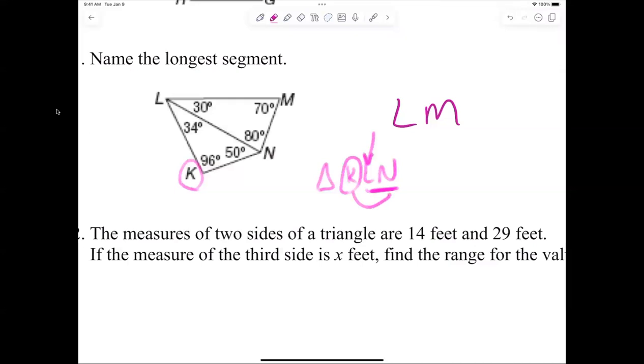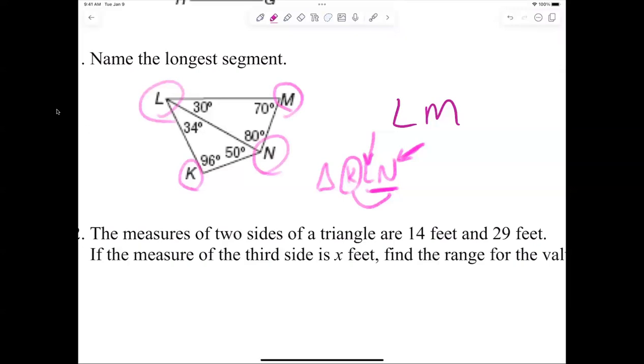It's the other two letters that aren't listed in the angle. So if I said what's opposite angle N, I don't even have to look at the figure. I just know it's KL. What's opposite M? LN. What's opposite L? What's opposite N? You see what I'm saying, right? Does that make sense now?